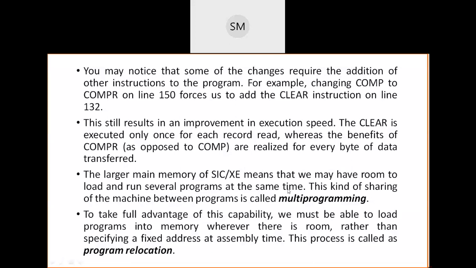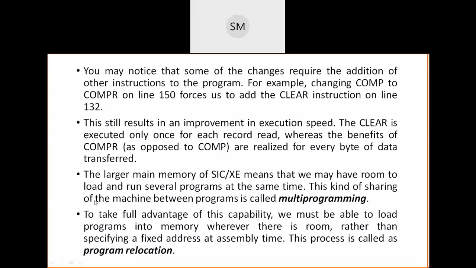The memory of SICXC is 2 to the power 20 bytes, so there is a lot of memory, and it would be wasted, because only a small portion of memory is taken by the program, and the remaining main memory can be used to load and run other programs in parallel.